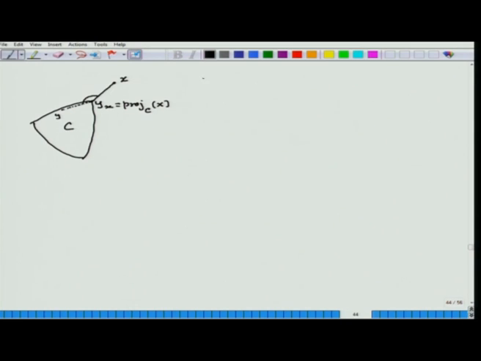Which means that the inner product of this and this vector is less than or equal to 0, and this is true for any y you take. Take any other y, say y dash, you will have the same thing. But interestingly, this is a necessary and sufficient condition for the point y x to be the projection of x on C.